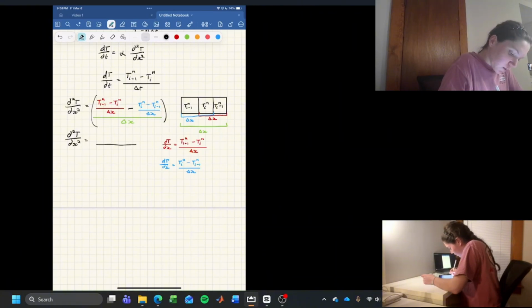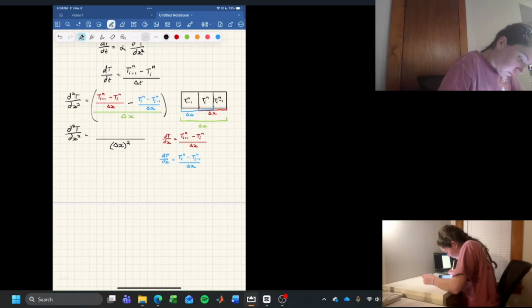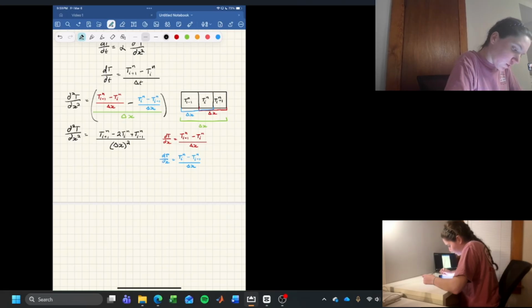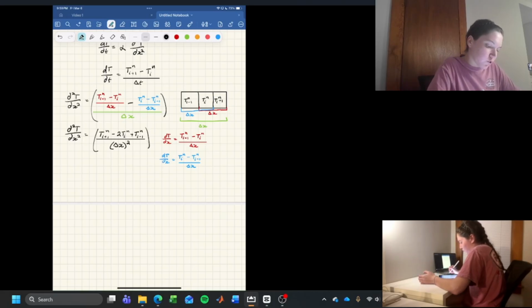And this is going to be the change in position squared. And then we have T initial plus 1 minus 2 T initial, and then plus T initial minus 1. These are all the temperatures, or rather the second derivative of the change in temperature over the change in position.